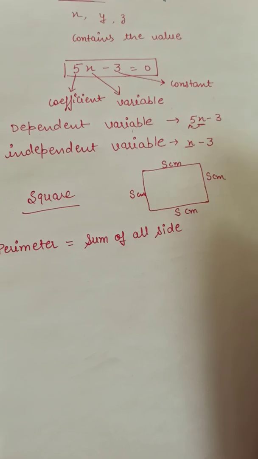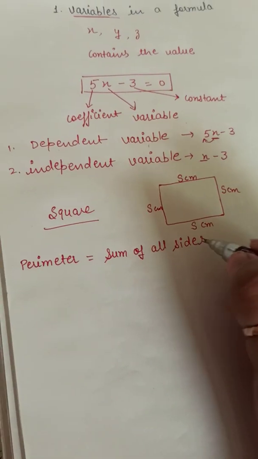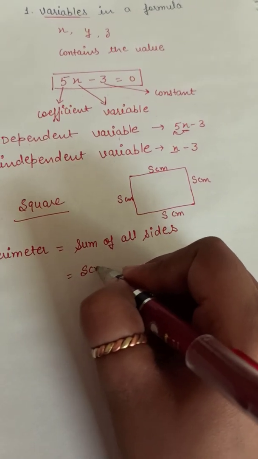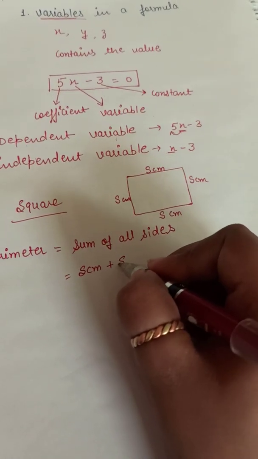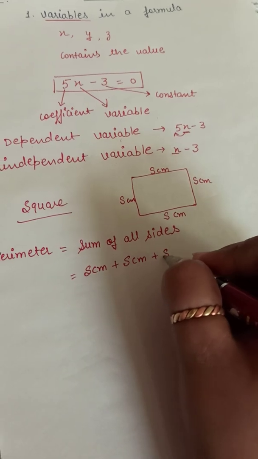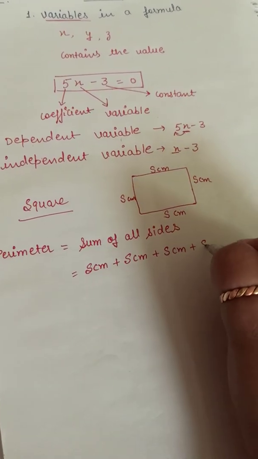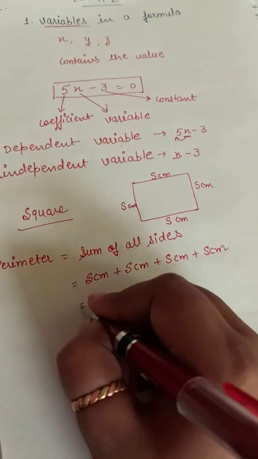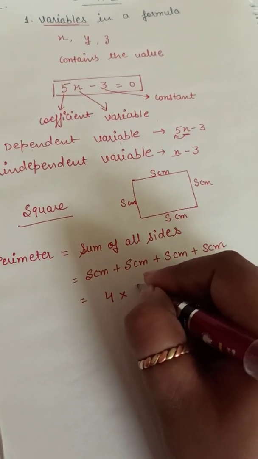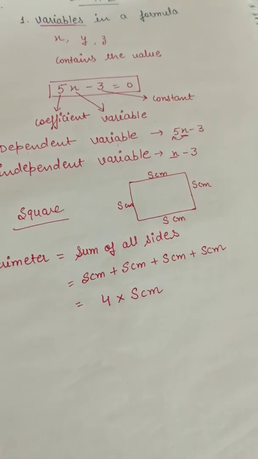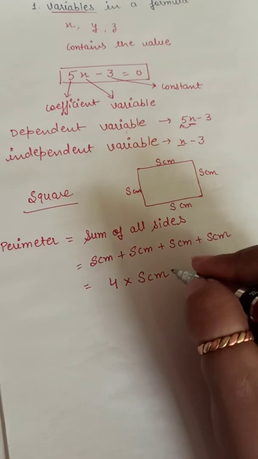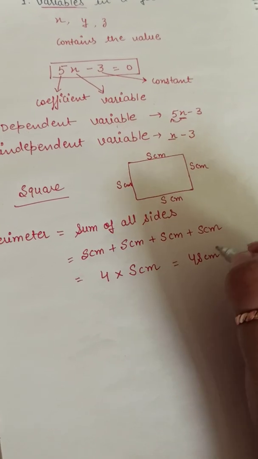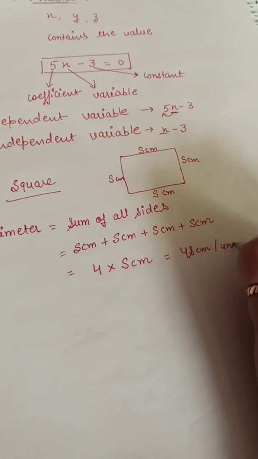Sum of all sides means s centimeter plus s centimeter plus s centimeter plus s centimeter. Can I write it as 4 multiply s centimeter, or 4s centimeter or meter, whatever unit is given.